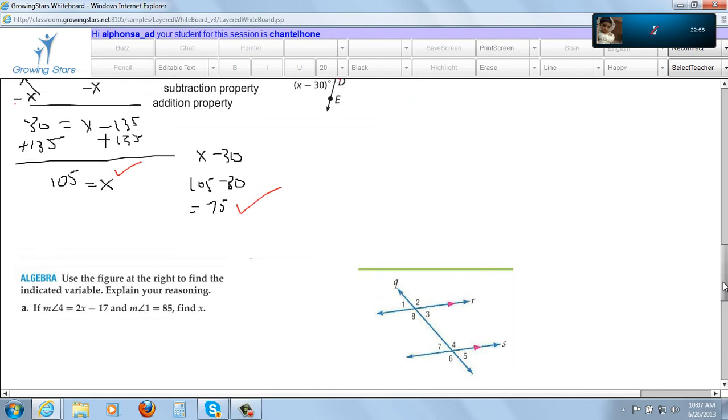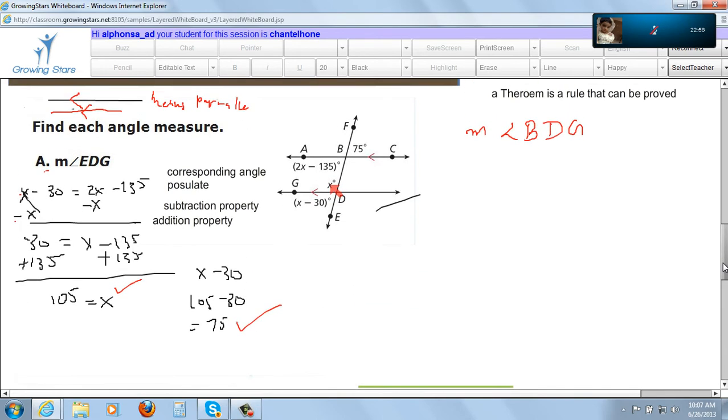So it'd be 180 minus 75. And already it is mentioned as x.